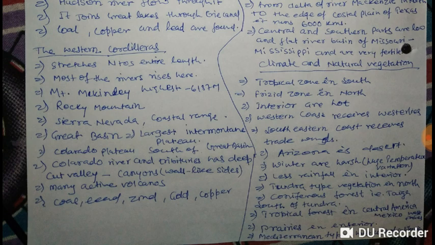This is found south of the tundra. Next one is tropical forest in Central America, Mexico, West Indies. Prairies in interior. This is the name given to the grass found in North America. The next one is Mediterranean type of climate. Where is it found? It is found in the west coast of California.